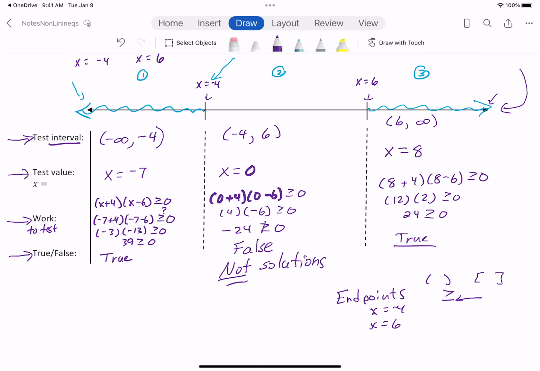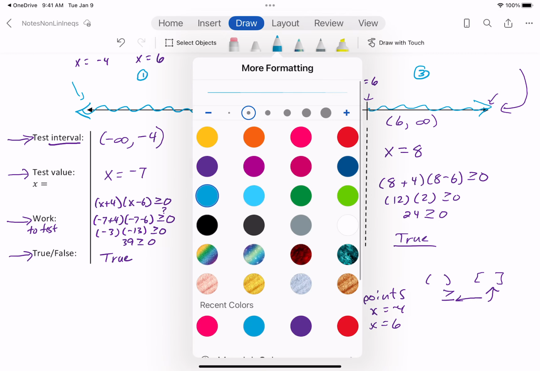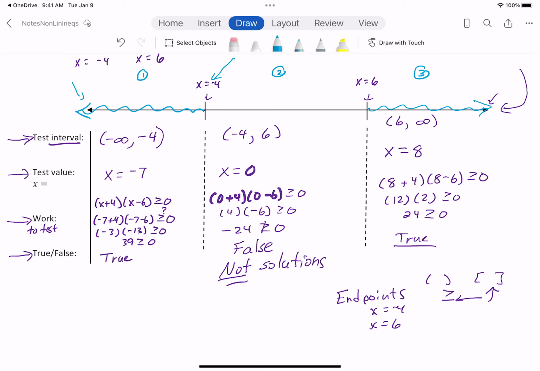If we have an equal to, then that means that the endpoints will have brackets. An inequality by itself with no equal would be parenthesis. So I'm going to go up here to my graph, and at my endpoints, I'm going to use a bracket that faces my shaded region, and the same for here. So at this point, that is my completed graph.